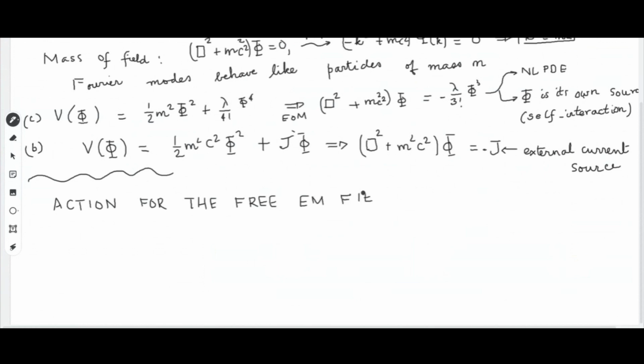How do we write down this action? Well, what we know is that S_Max is equal to the integral d^4x L_Max.